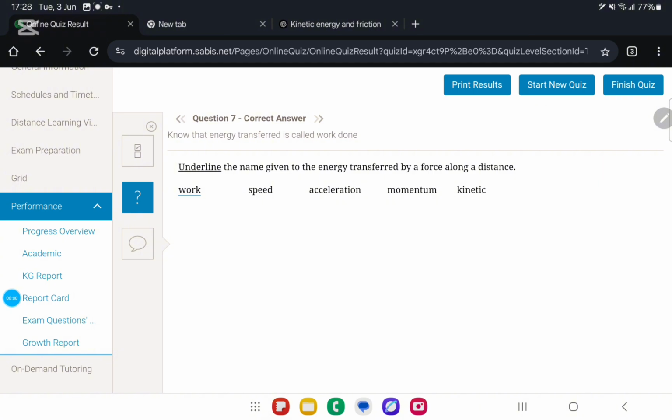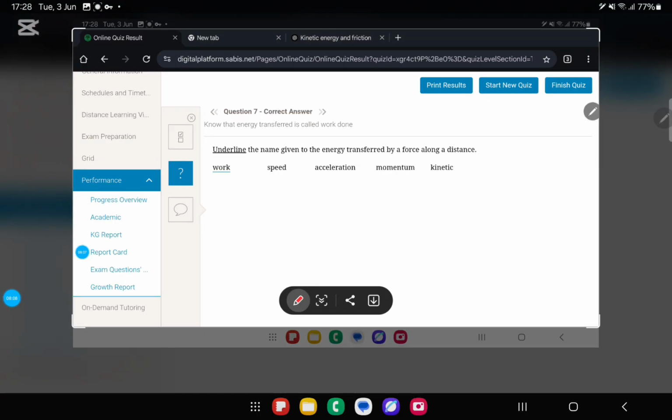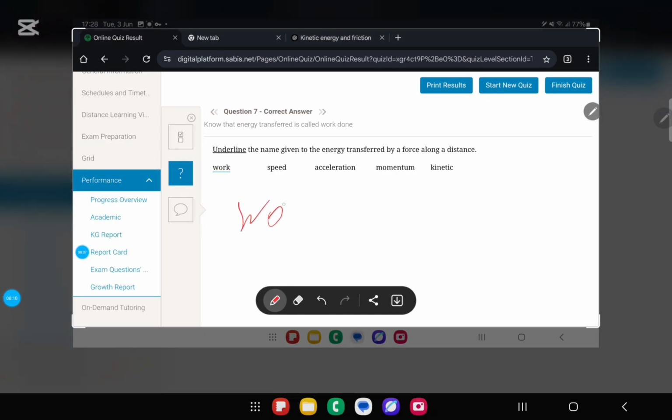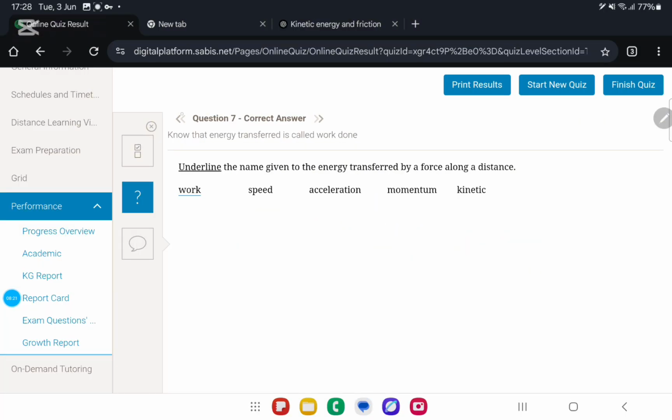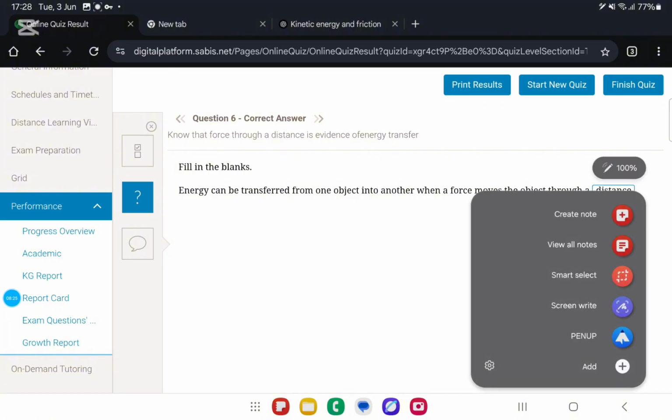Underline the name given to the energy transferred by a force along a distance. Work. Work, force along a distance. Work is equal to force times distance. Which reminds me, in the previous question it's basically the same thing.